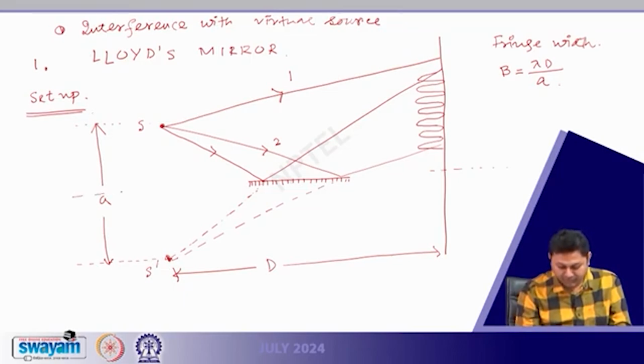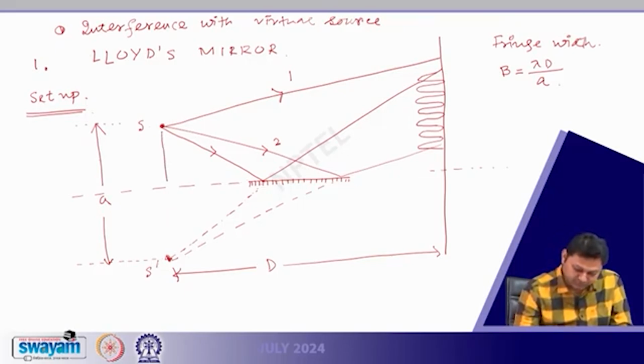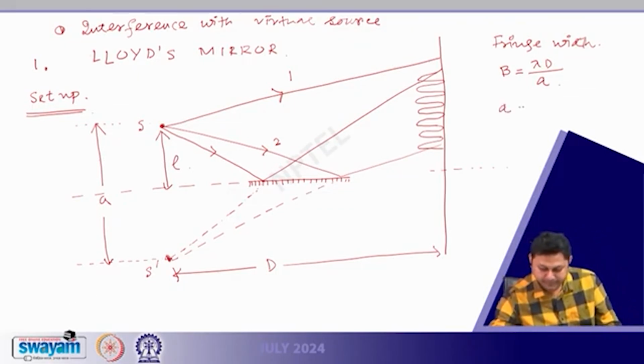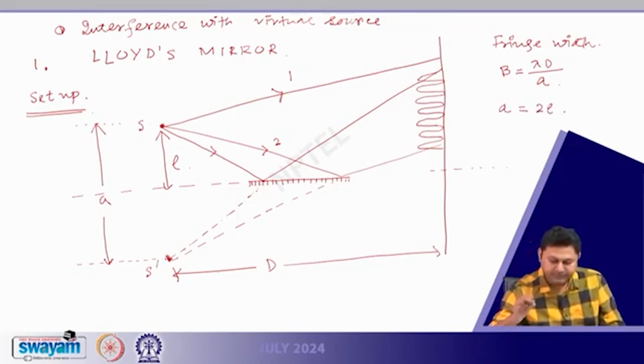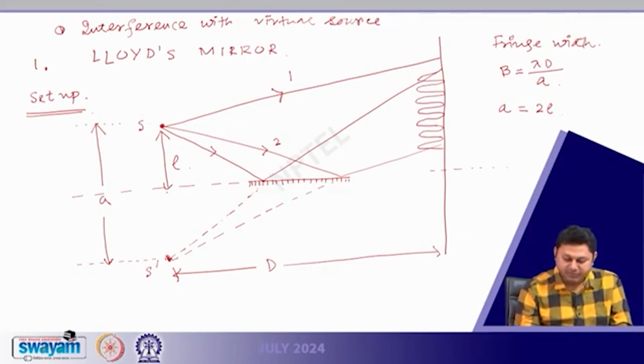If you know what is the value of S, this length, so this is L, then A is nothing but 2 of L, the perpendicular distance from the mirror. So this is the mirror, say M1, and over this mirror the ray is falling and they are going to interfere here in this region with the direct ray. So this is the schematic diagram of Lloyd's mirror.